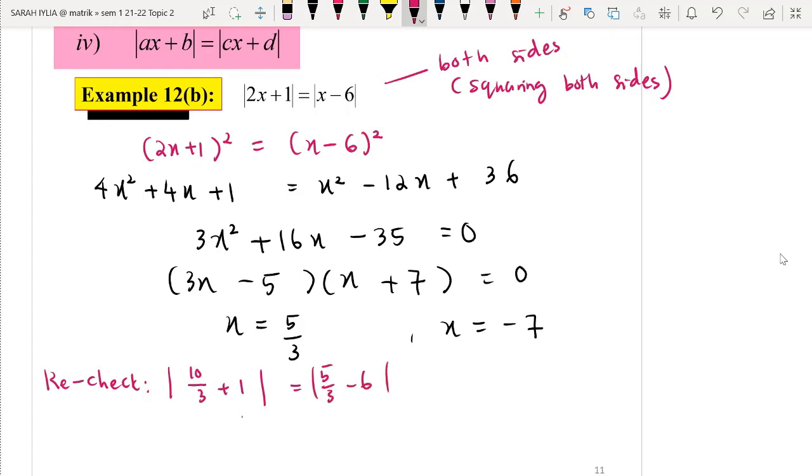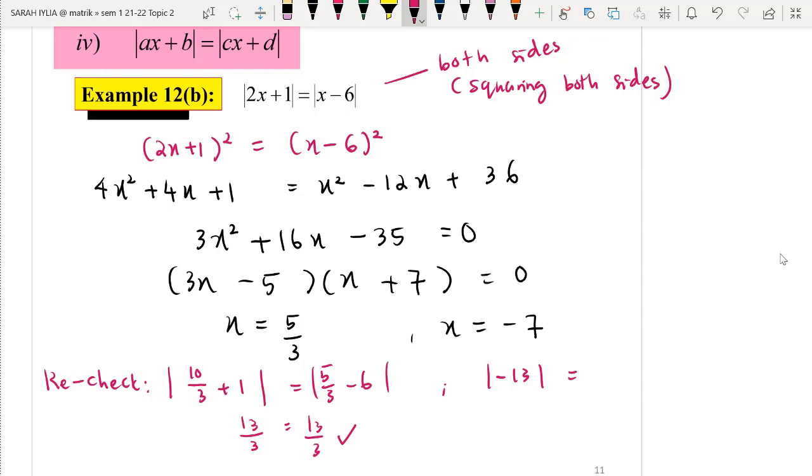So, side sini kita akan dapat 13 over 3. Yang sini kita akan dapat 13 over 3. So, kita terima. Okay. Next, kita try untuk negative 7 pula. So, we will have negative 14, negative 13.